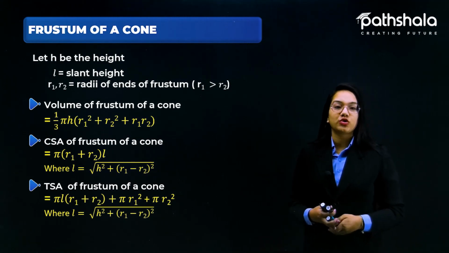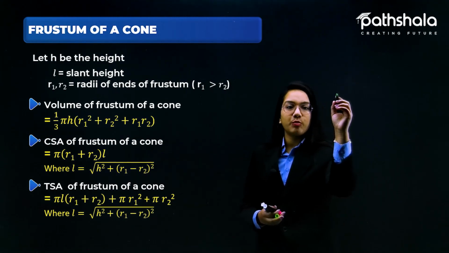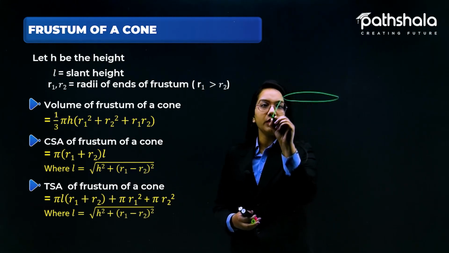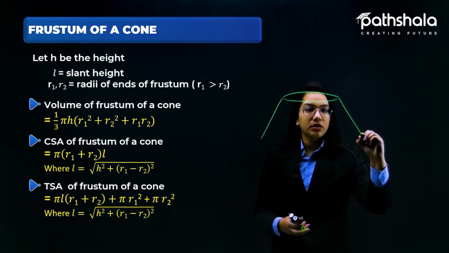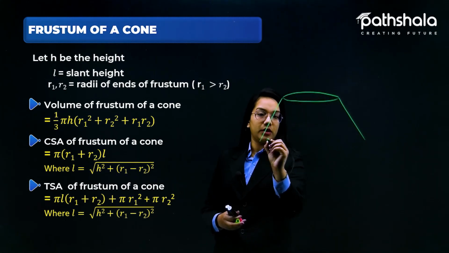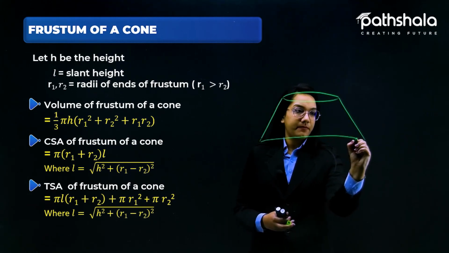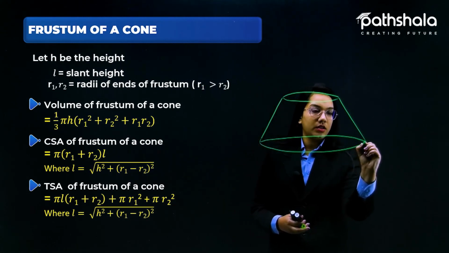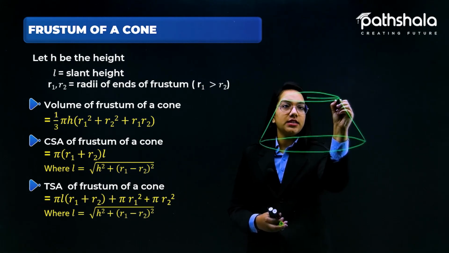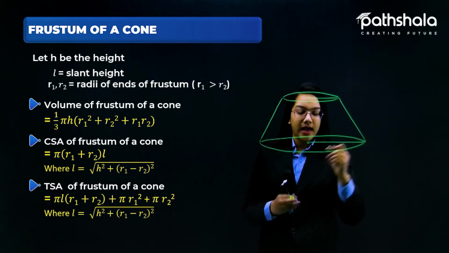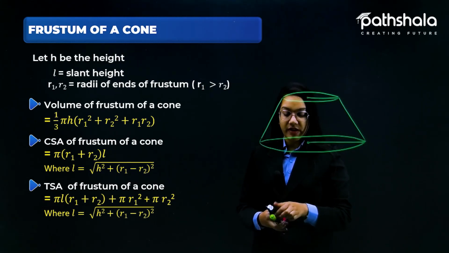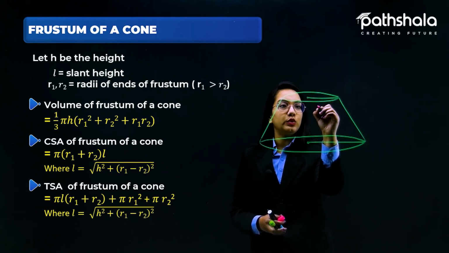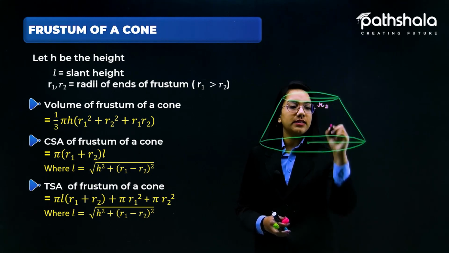So let us suppose I am forming a frustum over here. This is the frustum that I am taking. You can see I am taking this radius as R2, and this is my R1.